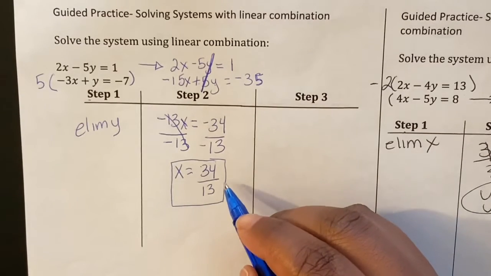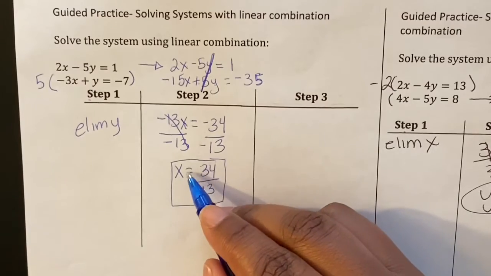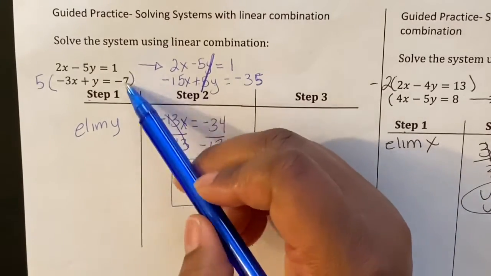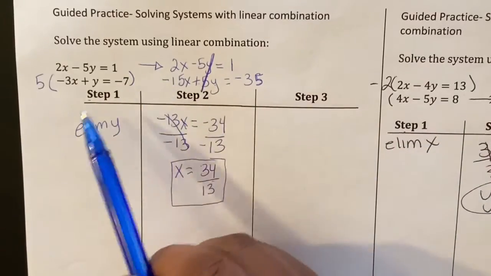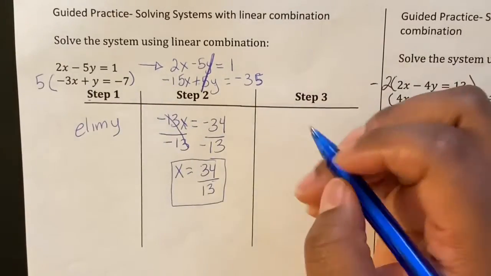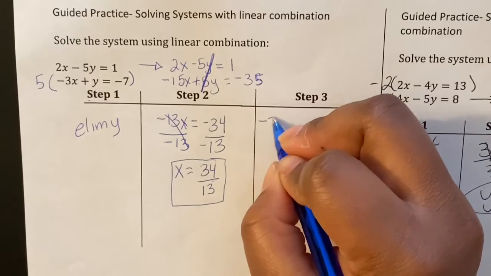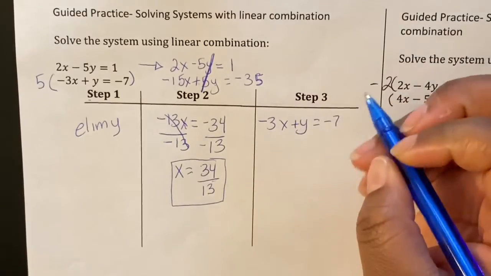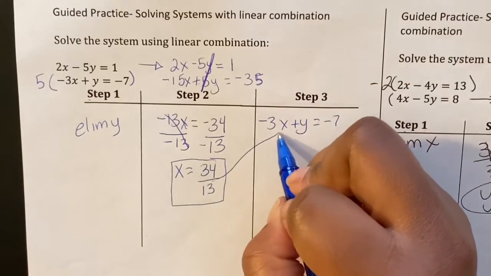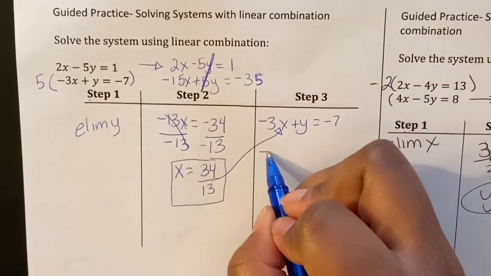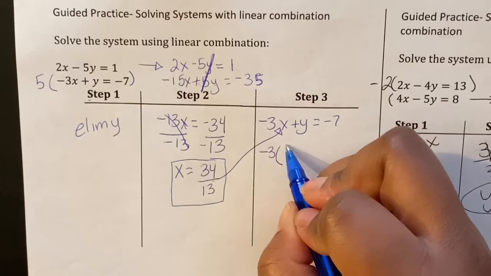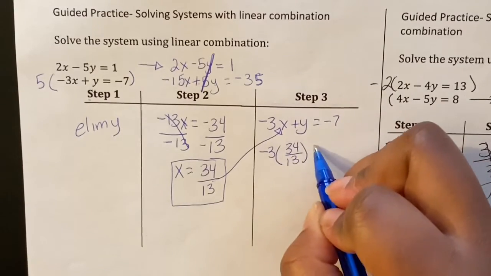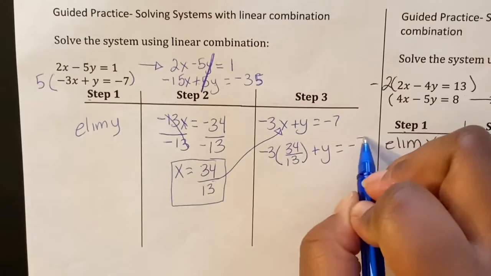So now I have to do step 3 by plugging in this x into either one of the original equations. I'm going to plug it into the second one. So now it's negative 3x plus y equals negative 7. I'm going to plug in this x right here. That becomes negative 3 times 34 over 13 plus y equals negative 7.